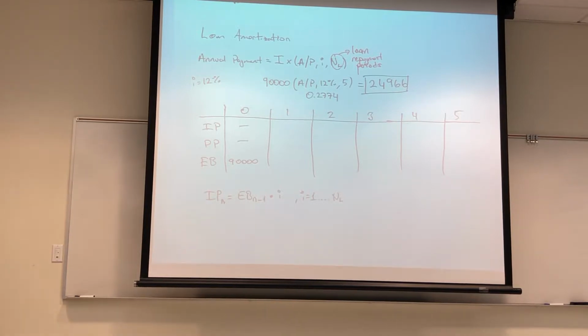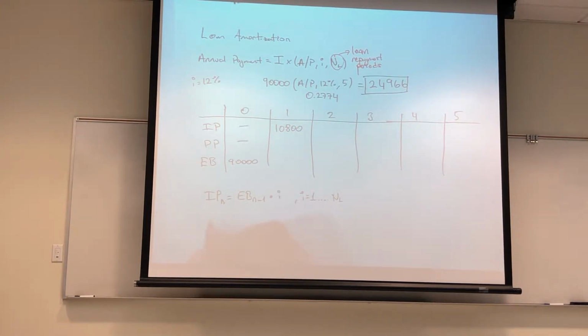Right? So let's put this small formula trick to use. Our previous ending balance is $90,000. Our interest rate is 12%. So 90,000 times 0.12 will be equal to 10,800.